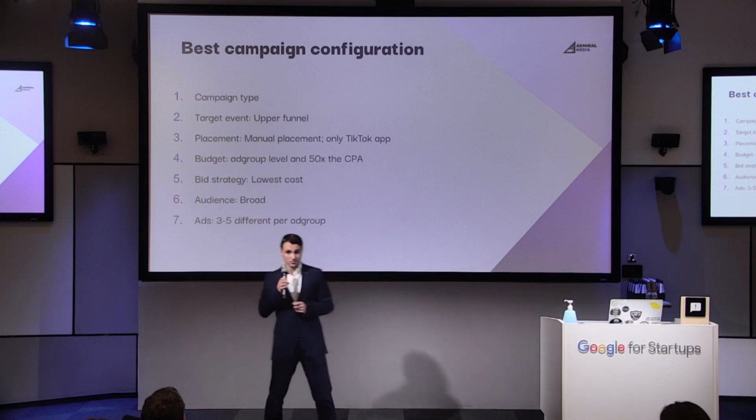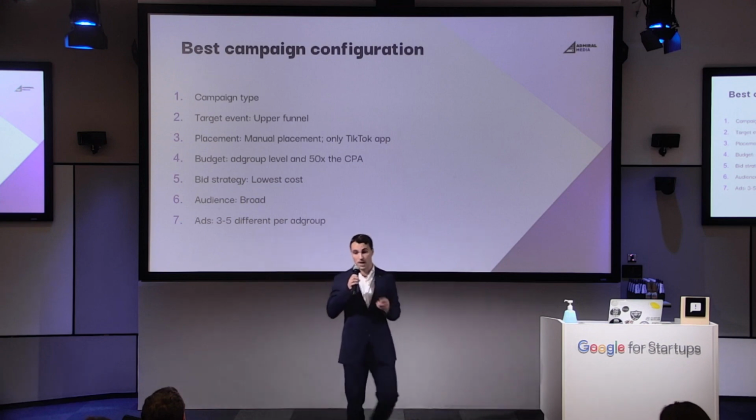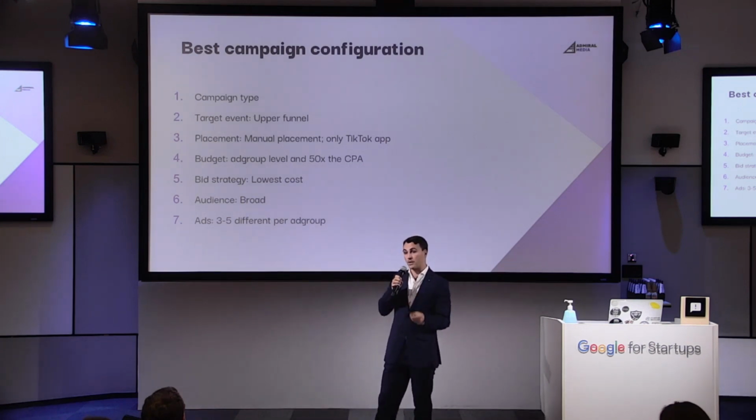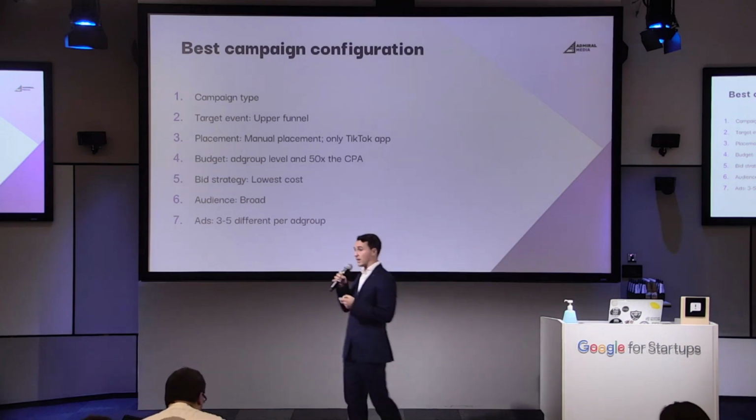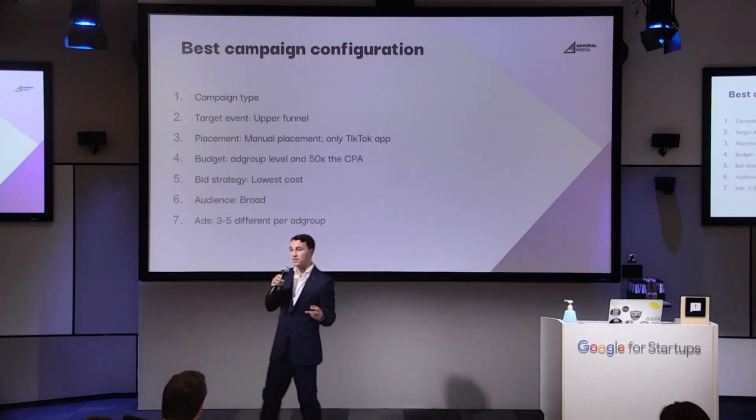Regarding budget, we suggest going to ad group level, not campaign level, because with ad group level we'll be able to control how much spend we are going to allocate to each strategy of the ad group, and also giving a budget of 50 times the CPA.